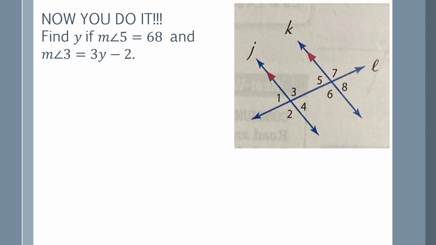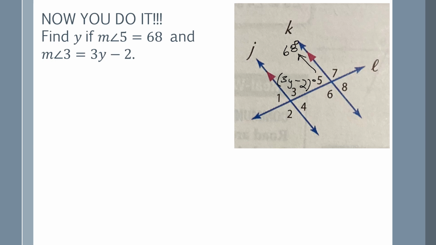Okay, so now we're working with angle 3 and angle 5. So angle 3 is 3y minus 2 degrees. Angle 5, we'll put this up here, that is 68 degrees. Okay, so these two angles are consecutive interior.